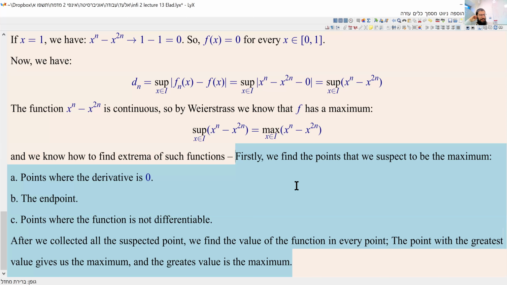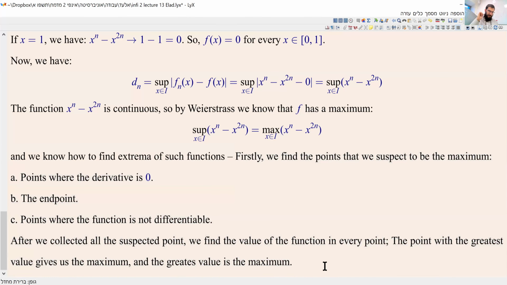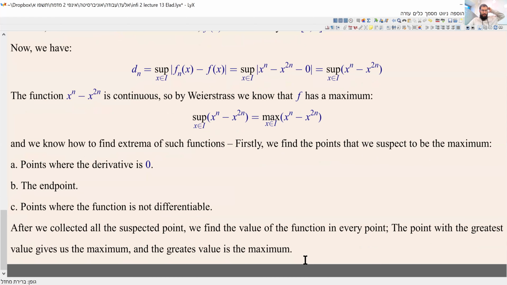In the last part of our course, when we discuss functions of more than one variable, we will get back to this. How do we find the maximum of a function on some domain when it has more than one variable? We will discuss it again. Right now, it's enough to write down this process here in light blue. Let's see how it goes in our example, and then you can ask your questions.